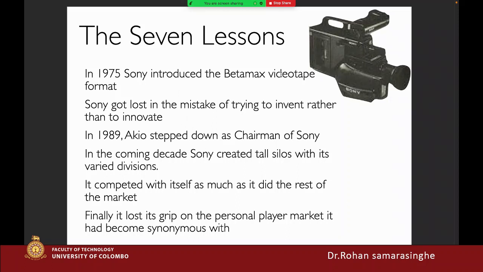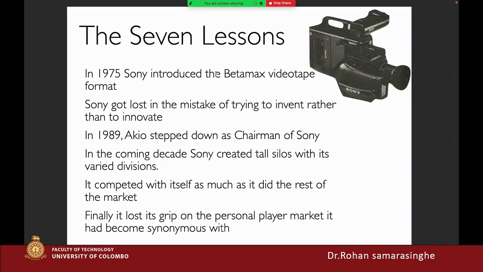Different videotape formats were introduced later, and the PAL system and other systems also. As a result of that, the chairman Akio had to step down as chairman of Sony in 1979 because of the failure.